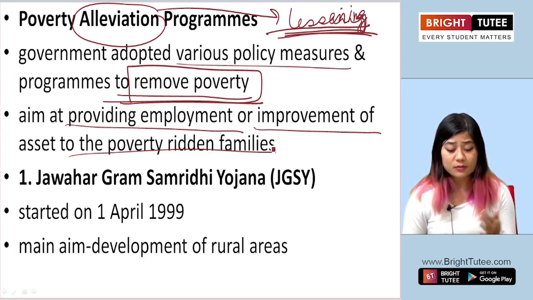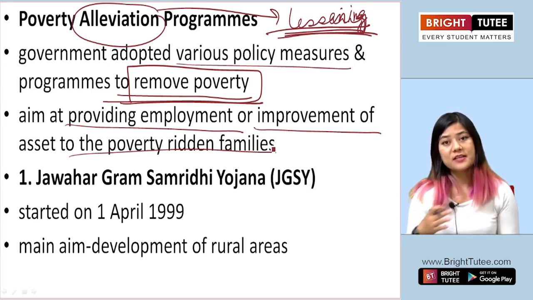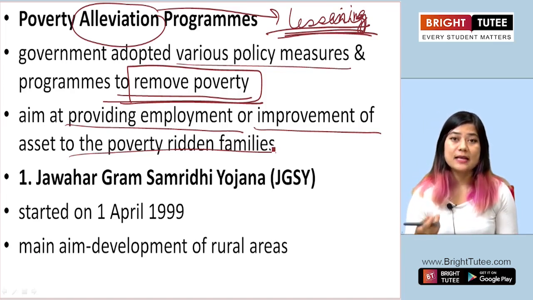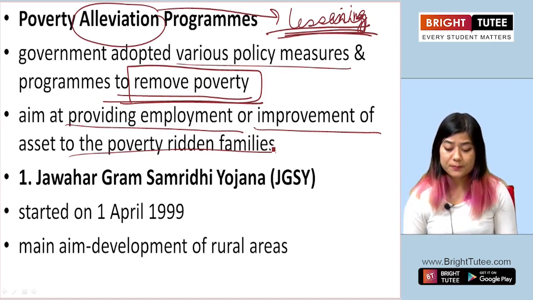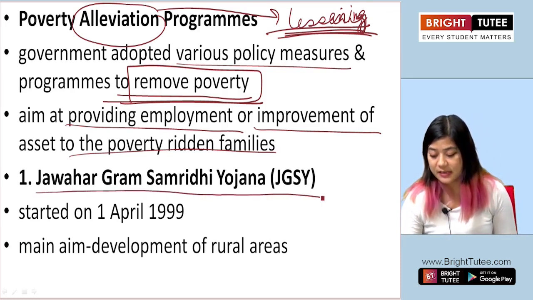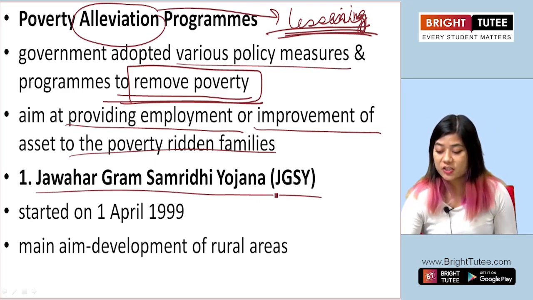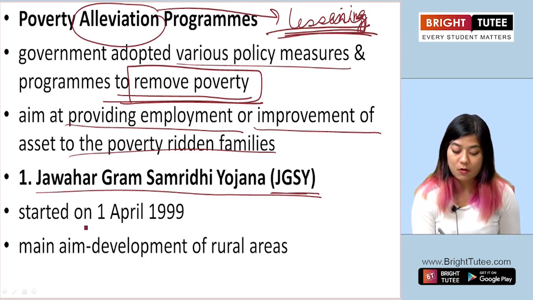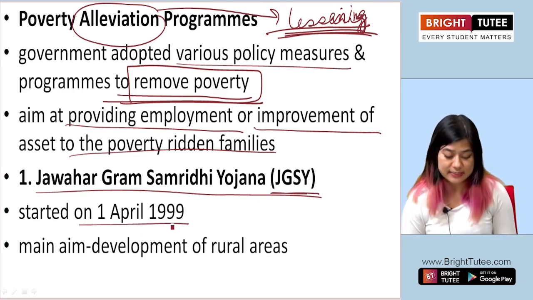Now we'll look at many similar programs which the government has introduced. The first one is Jawahar Gram Samriddhi Yojana, JGSY. This program was started on 1st April 1999.